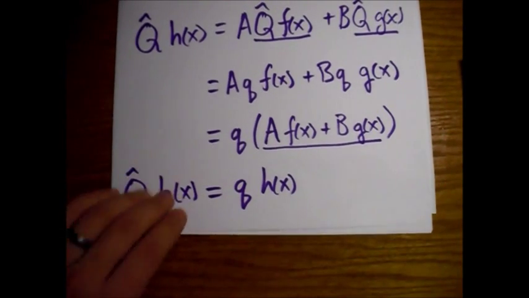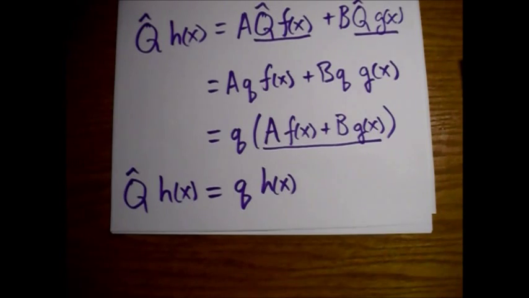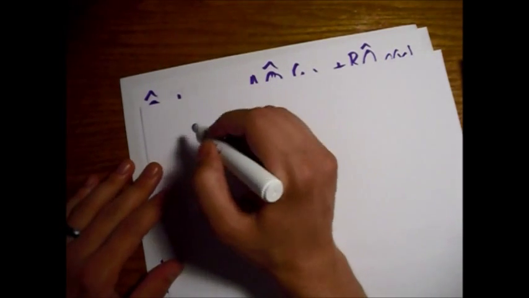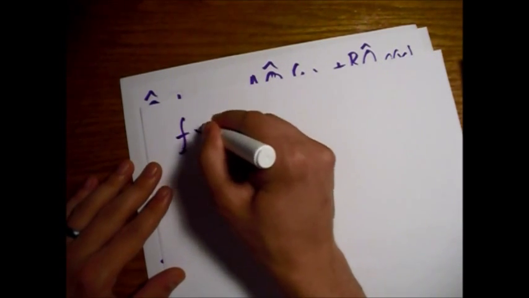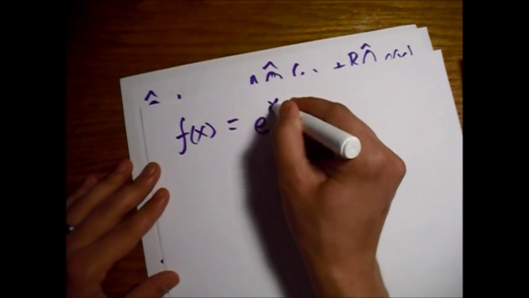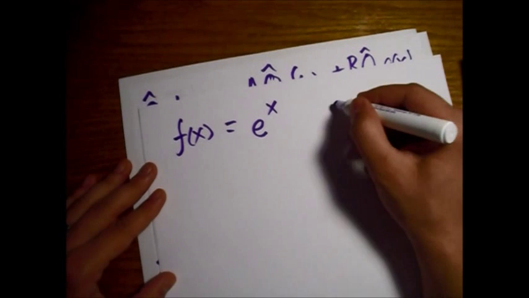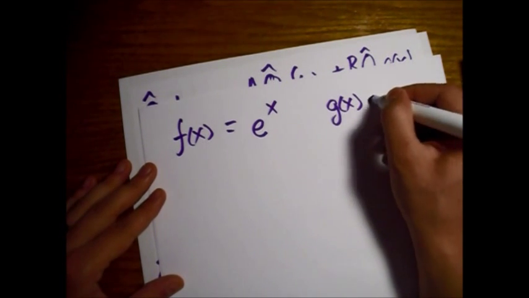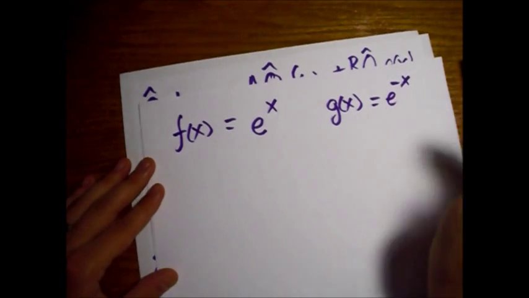So there we go. That's for part A. For part B, we're going to check a specific case of this. Suppose f of x is equal to e to the x, and g of x is equal to e to the minus x.